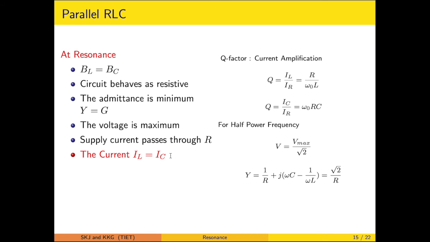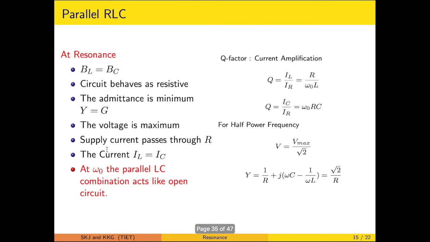So when these two currents are identical, they cancel each other out in the resonance. That suggests that the parallel LC combination acts like an open circuit. In case of series, the series LC combination was acting as a short circuit likewise.